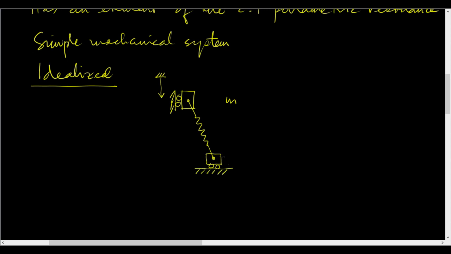This one has a spring as well as a dash part connecting it to ground. This displacement, well, let me correct that. It's from here. This displacement is x1 and this displacement is x2.